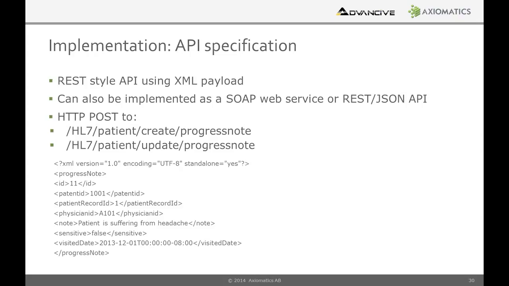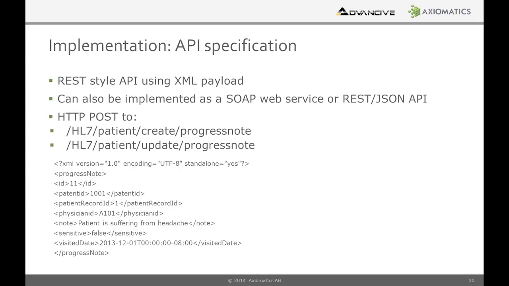So for this particular example, we'll just use a REST style API, and we'll use an XML payload to pass the data. And we'll essentially have two URLs that we're going to be issuing HTTP POSTs to. One is for creating the progress note, one for updating the progress note. And we're going to be passing the sample XML as you see on the screen.